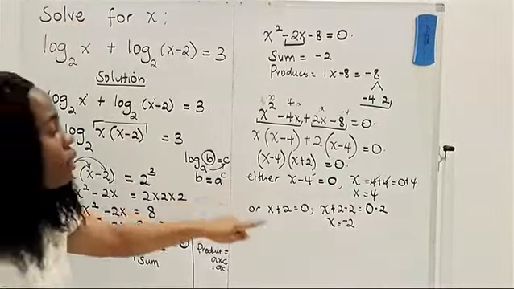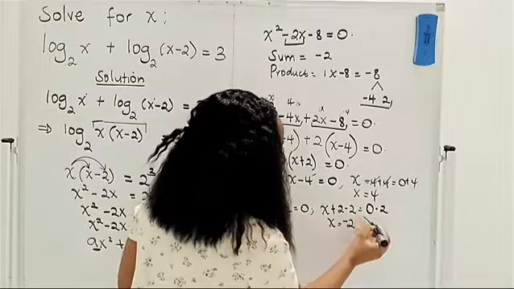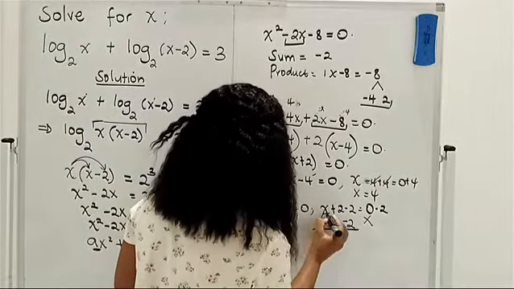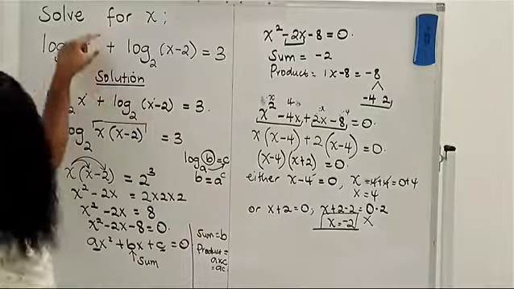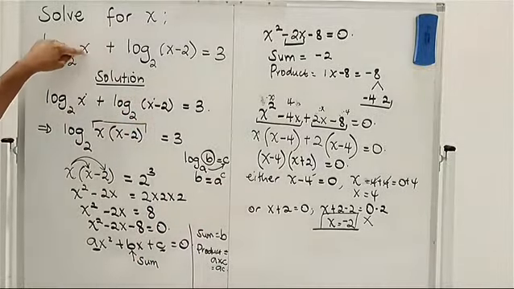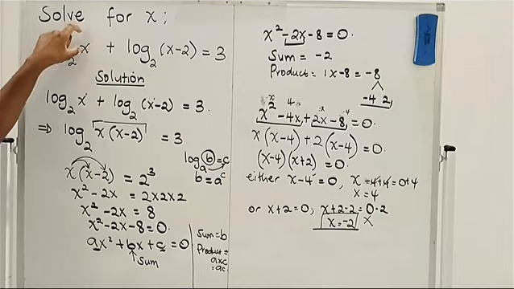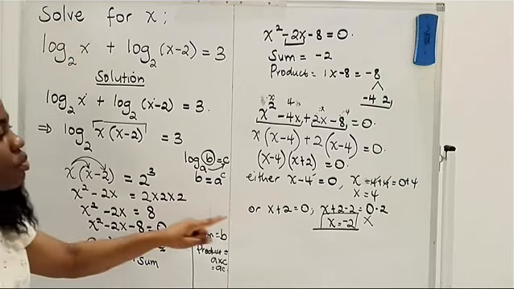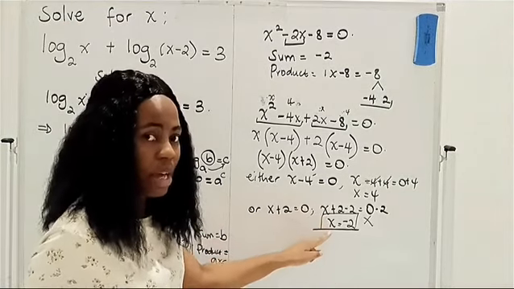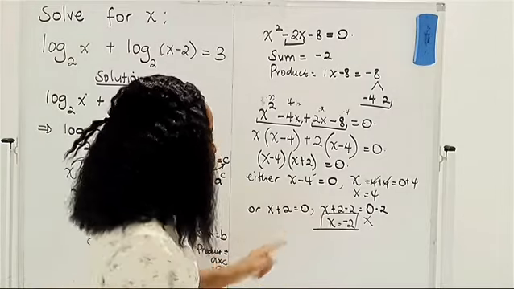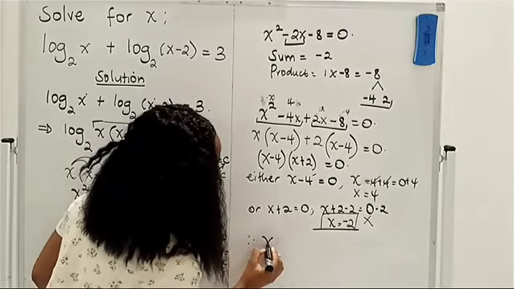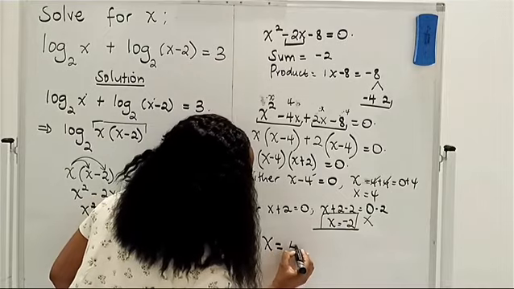So this one is cancelled out. We don't take this because we don't have a log of a negative number. If you replace x with negative 2, it is going to give you math error. Since we don't have a log of a negative number, we conclude by saying, therefore, x is equal to 4.